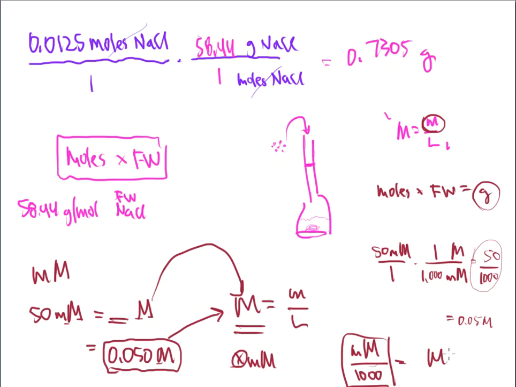Solving the molarity formula is very important to get mole. Using the formula weight to convert mole into actual grams that you can weigh out is very important. And understanding what millimolar or millimolarity is all about is also important for this particular course, because that's the way the labs are written. Okay, so that's it of molarity.